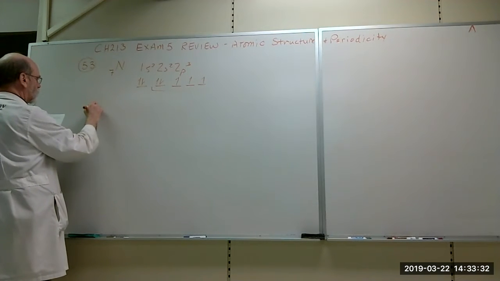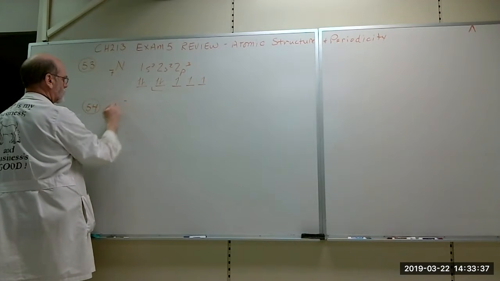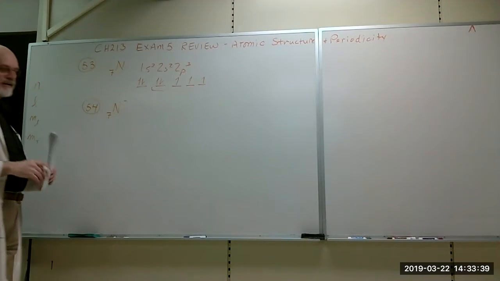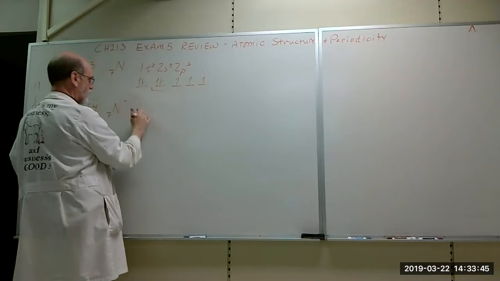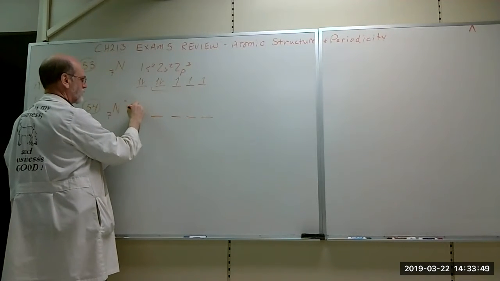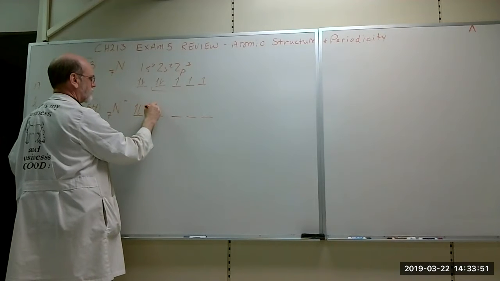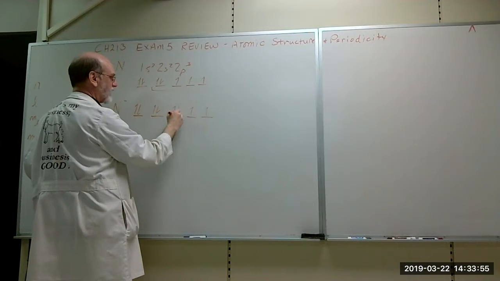54. So 54, we've done that. What does that mean? That means we've added an electron. Right? So underneath here, like that, we'd still have these. 1, 2, 3, and then the added electron would go there.